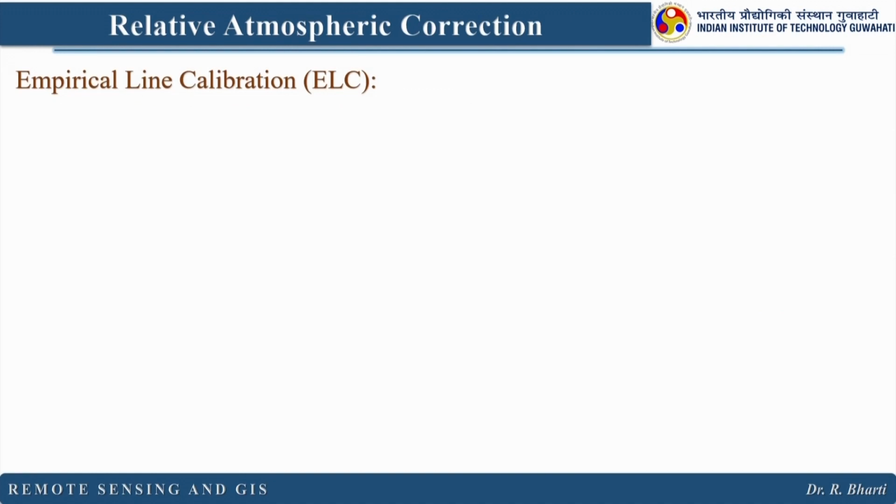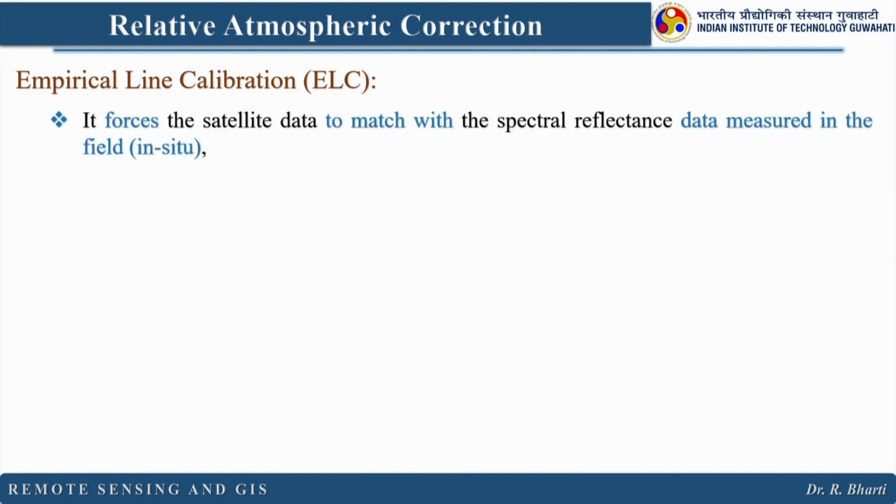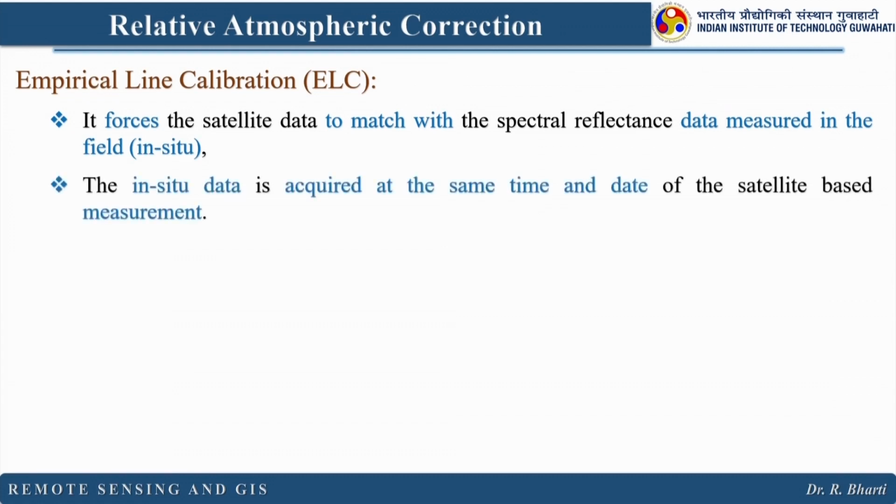Next one is empirical line calibration. Here it forces the satellite data to match the spectral reflectance data measured in the field. The in situ data is acquired at the same time and date as the satellite-based measurement. So, when your satellite is passing through your study area, at the same time you have to be there and measure the reflectance with your ground instruments.